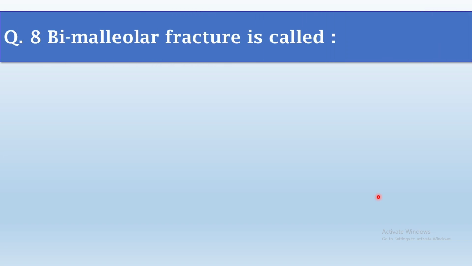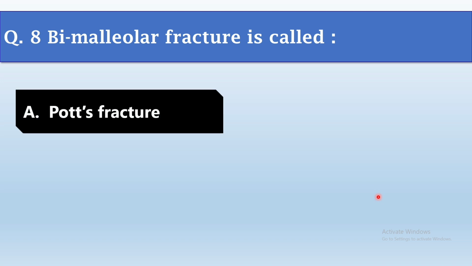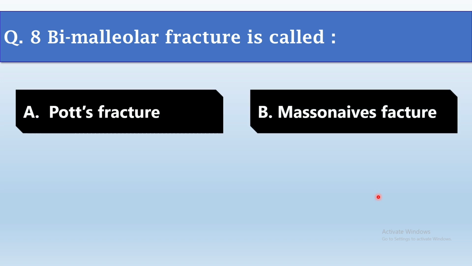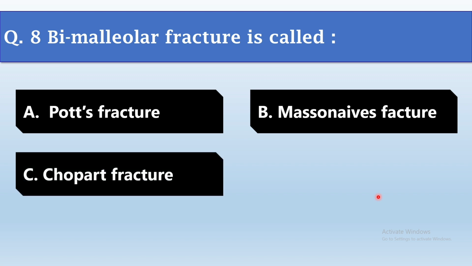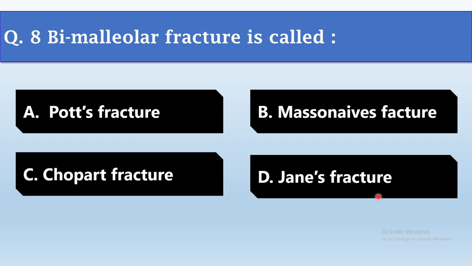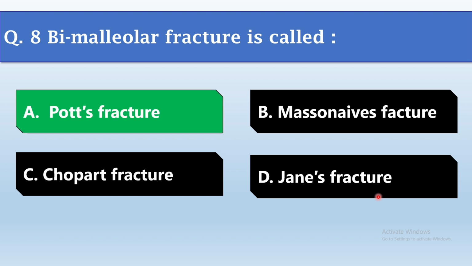Question number 8. Bimalleolar fracture is called option A Pott's fracture, option B Monteggia fracture, option C Chopart fracture, and option D Jones fracture. The answer is Pott's fracture. Pott's fracture is a bimalleolar fracture of the ankle joint, a fracture of the medial and lateral malleolus.